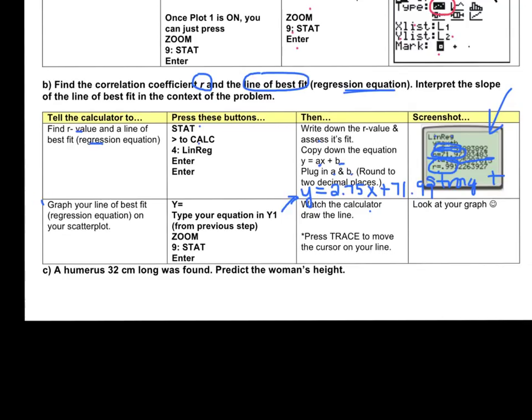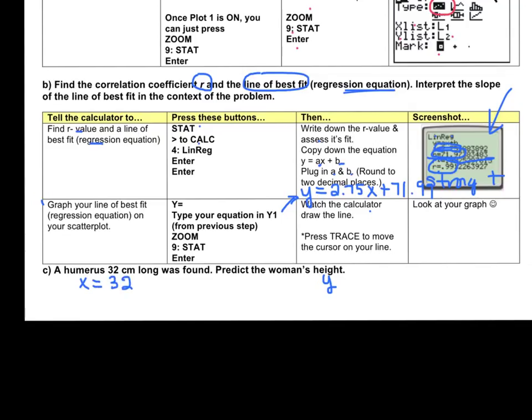The last thing we'll do is use our equation and our graph to make a prediction. We want to predict the woman's height. Height was our y variable. The humerus length was our x variable. So we know that x equals 32.